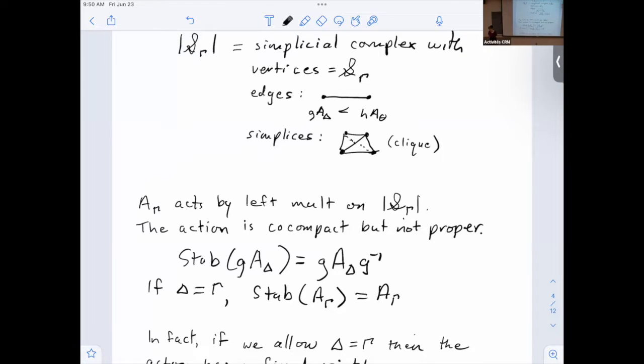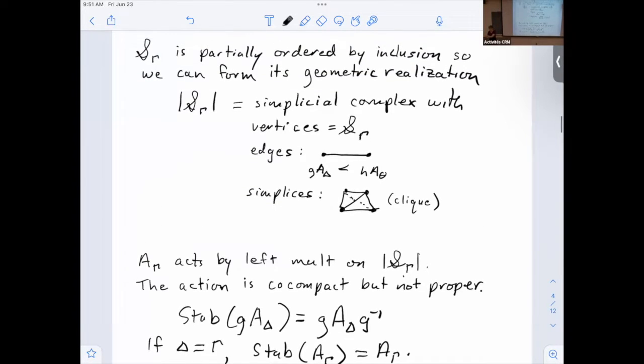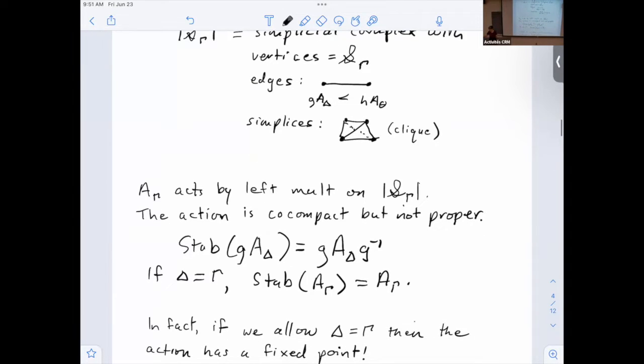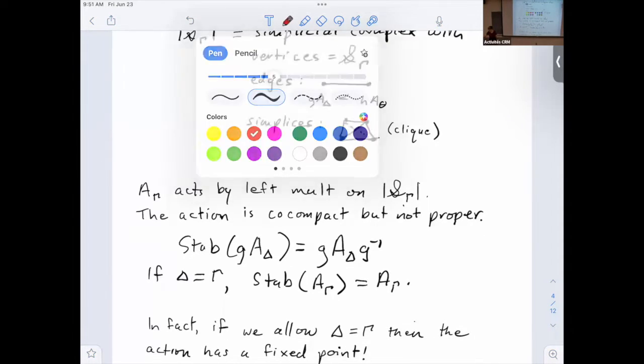It turns out that actions where some point is fixed by the entire group don't usually tell you much. It's like there's a cone point that contains everything. I've coned off all the interesting stuff, and this is fixed by the group. So allowing for that element is not a good idea. In special cases, I will allow for it, which is why I put it in here. But the answer is that's bad. So this is bad news.